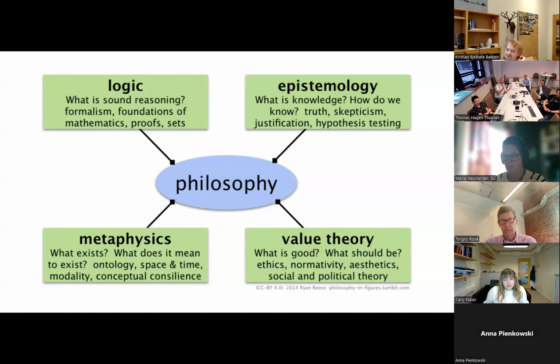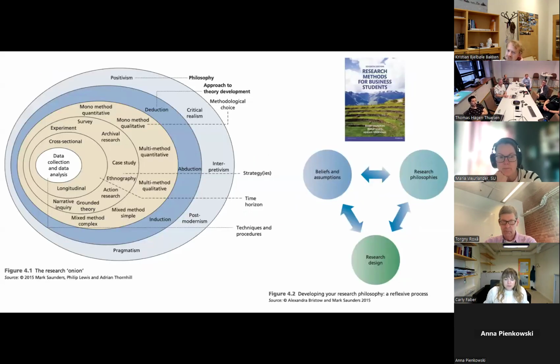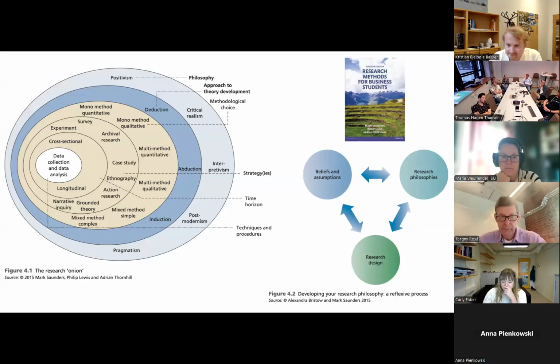Yeah, and here's one of these main things, right? Epistemology: what's knowledge. Metaphysics: what exists, what is reality. Of course, value theory is stuff that we feel we don't have to deal with anyway. Now, in the social sciences, I just grabbed an example, a textbook in research methods for business students.